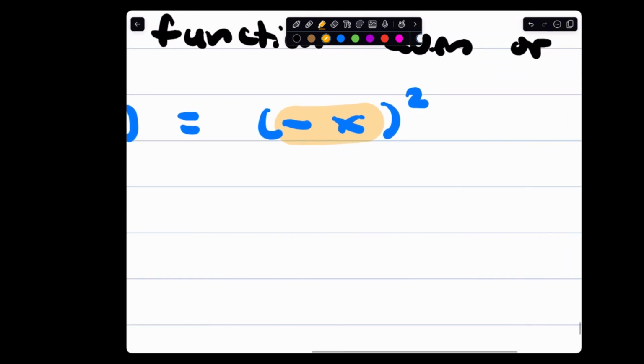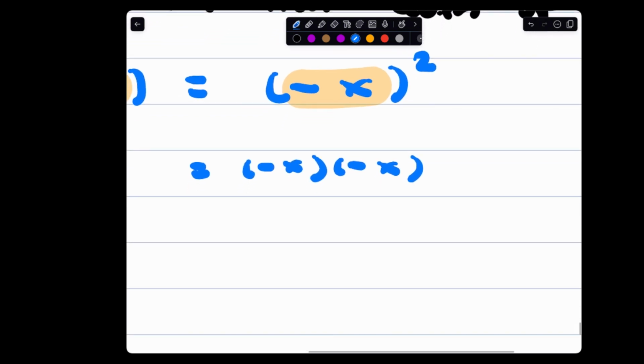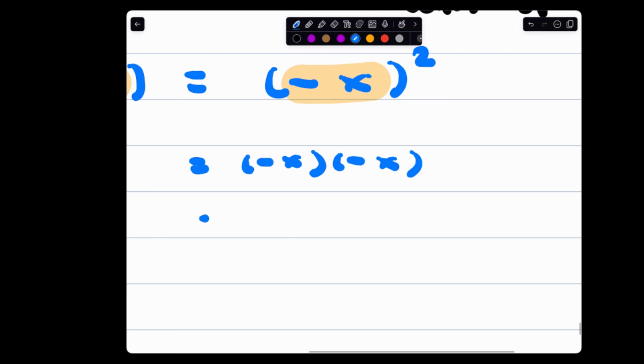Okay, now focus on this side here. What do you guys know in terms of algebra on the right side? Isn't that negative x times negative x? Is that true? What's negative x times negative x? Positive x to the second power. You guys okay with that?